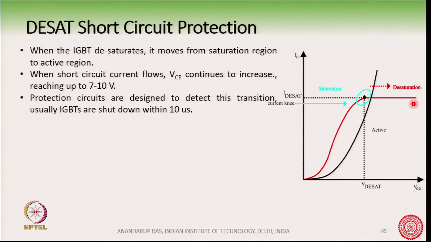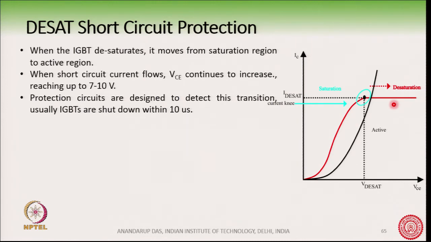Normally the IGBT is operating in the saturation region, because we would like to have the minimum voltage drop across it when it is fully turned on. But when a short circuit happens, a large current starts to flow, and this causes the IGBT to move into the active region.